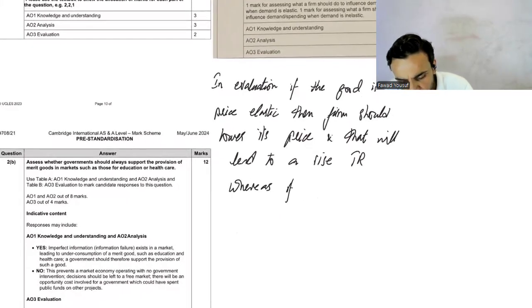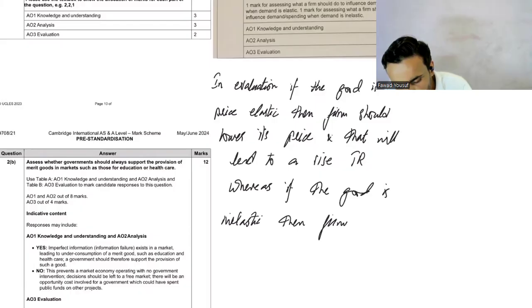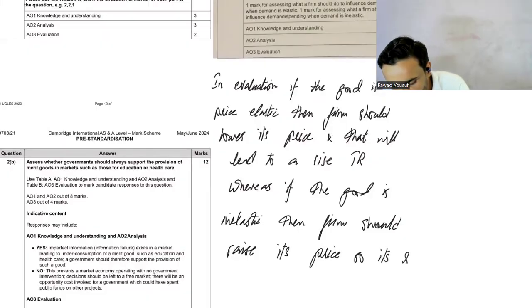Whereas if the good is inelastic, then the firm should raise its price so its revenue rises.